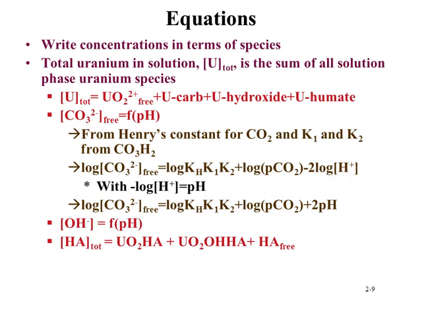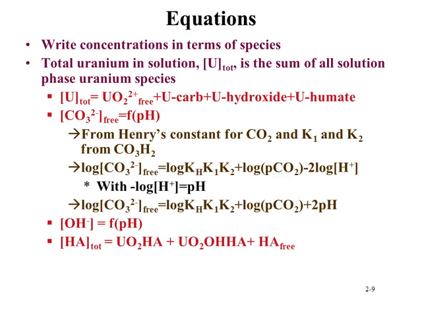And knowing that pH is just minus the log of the proton concentration, I can substitute pH in this equation for log proton concentration. So I can derive an equation that tells me the log of the carbonate concentration as a function of constants, the partial pressure, and the pH.